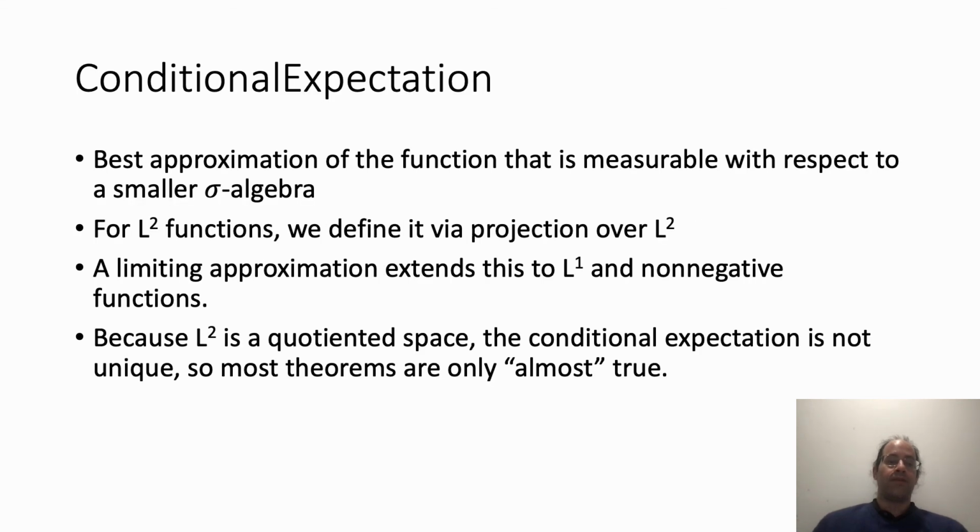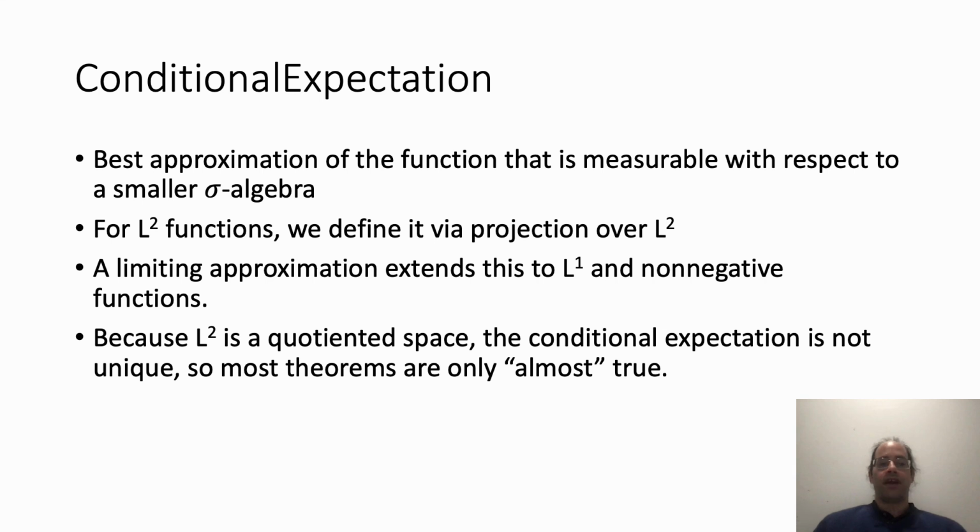This is a particularly important fact because we use it to define conditional expectation. Conditional expectation can be thought of as the best approximation of a function that's measurable with respect to some smaller sigma algebra. Now, for L2 functions, this can be defined via projection over L2, and that works because it's a Hilbert space.